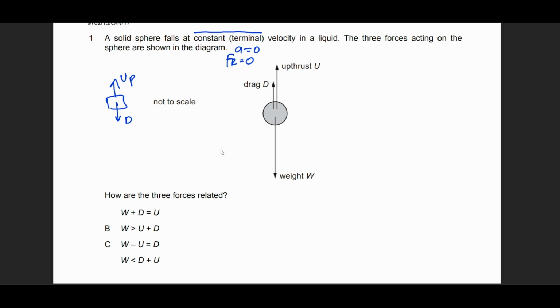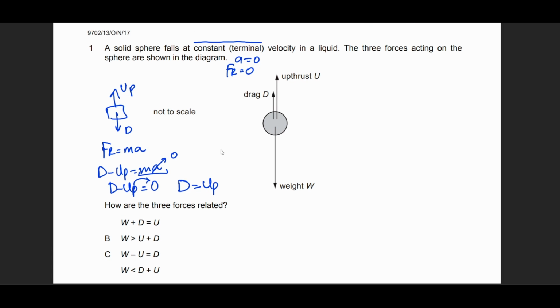How do we justify that? So from the resultant force, we have F equals to ma: the downward force minus the upward force equals to ma. Now, if I know that the acceleration is 0, this whole side becomes 0. So I'm left with an equation that down minus up is equal to 0. If I bring up on this side, this becomes the downward force being equal to the upward forces, right?